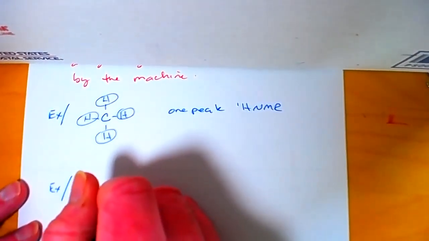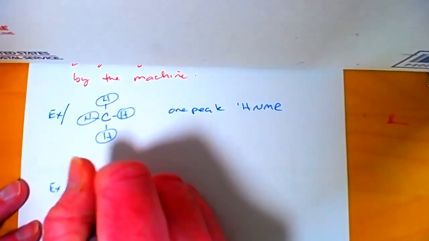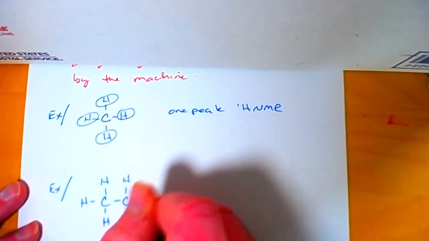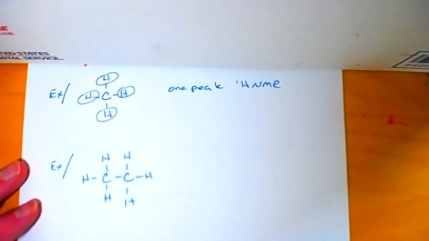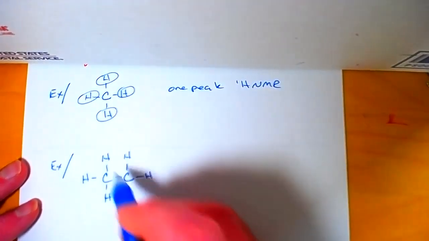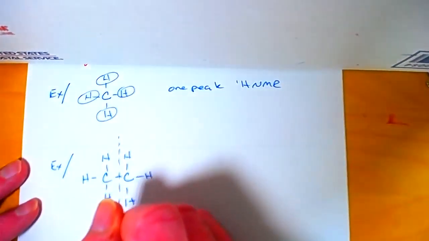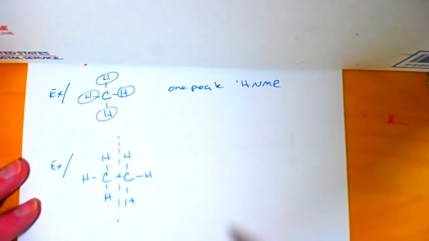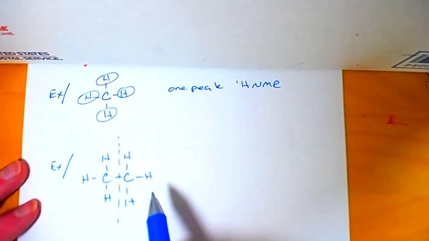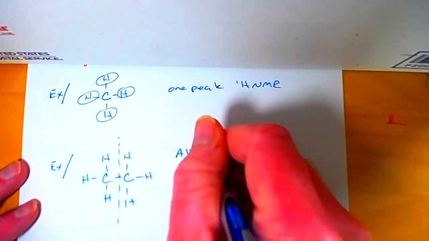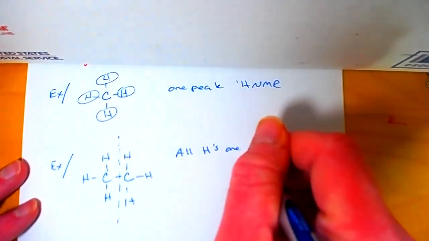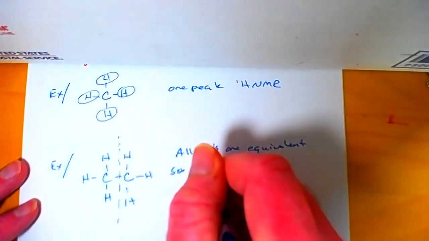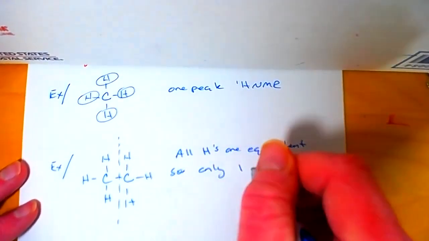So for instance, if we were to look at ethane, okay, even though there are 6 atoms here, because there's a plane of symmetry right here in the molecule, the machine thinks all of these hydrogens are equivalent, okay? And so all hydrogens are equivalent. So only one peak.